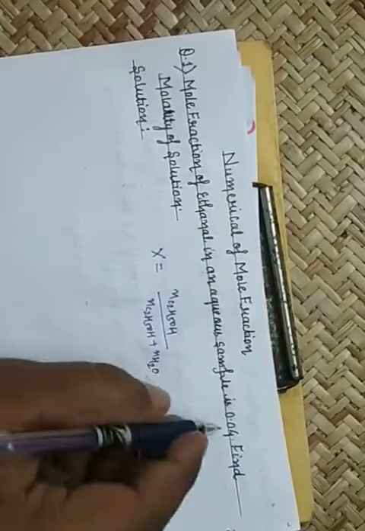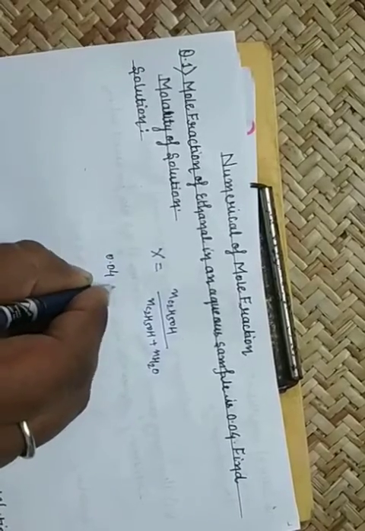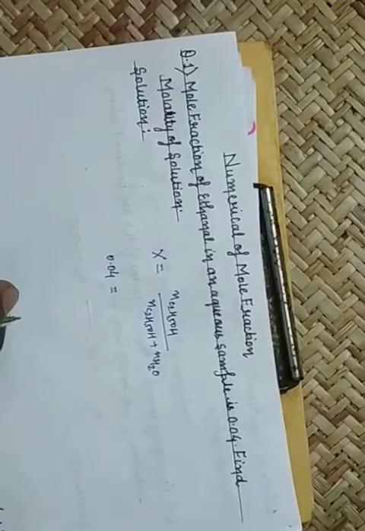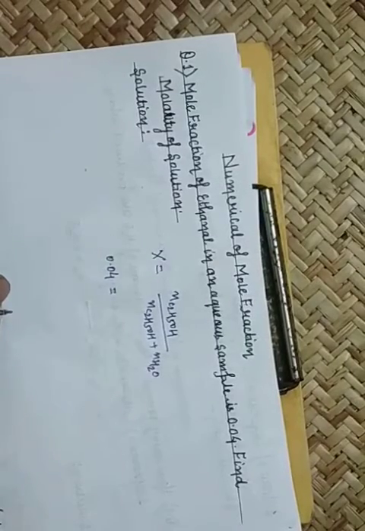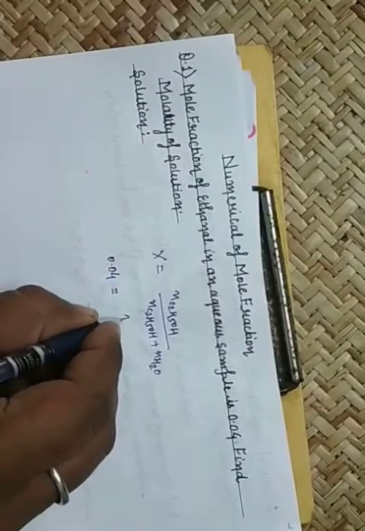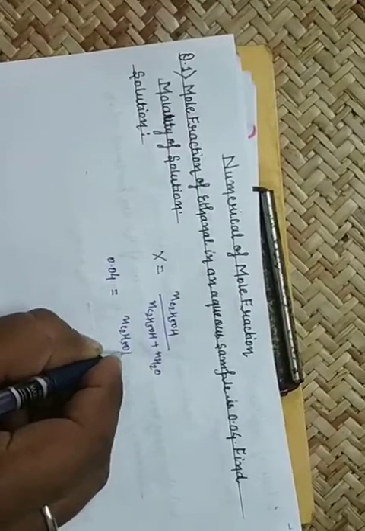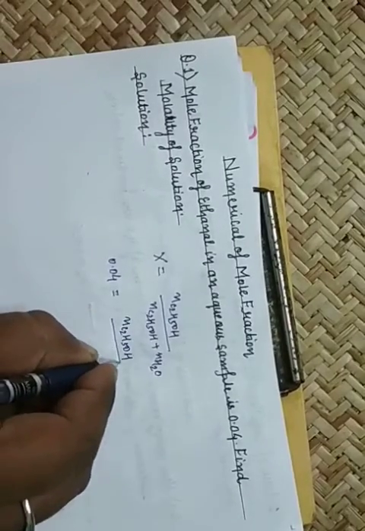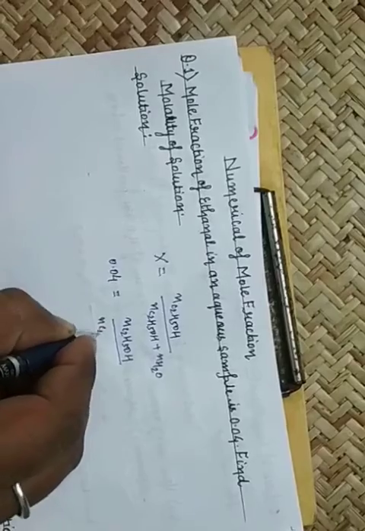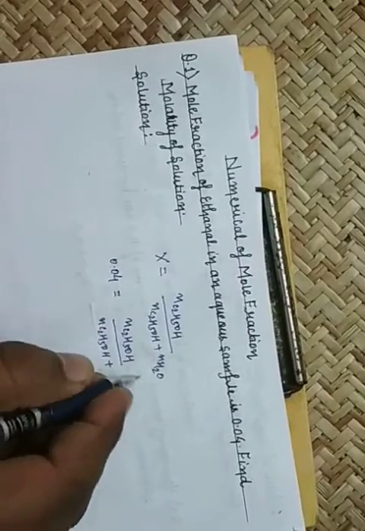So X is given, 0.04. And this is the number of moles of C2H5OH divided by again the number of moles of C2H5OH plus the number of moles of water.